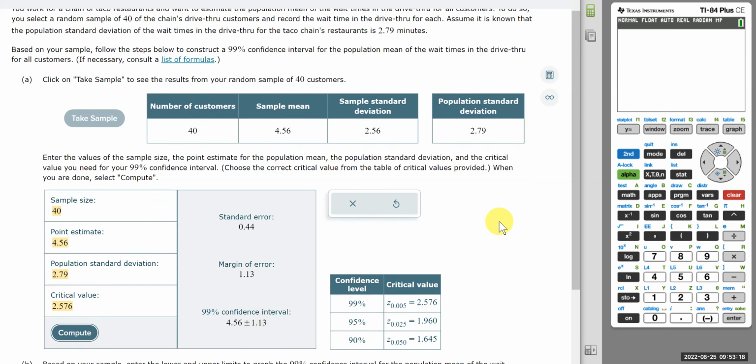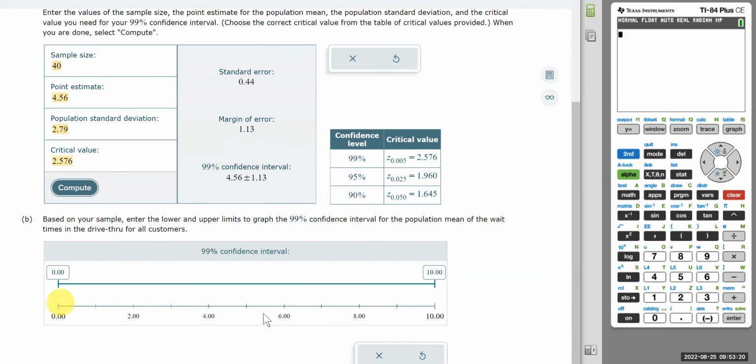All right, we're ready to visually display our interval. So based on that sample, we're going to enter the lower and upper limits of this confidence interval for the mean wait time of all of the customers. Okay, so let me start with the lower limit. So 4.56 is the point estimate.